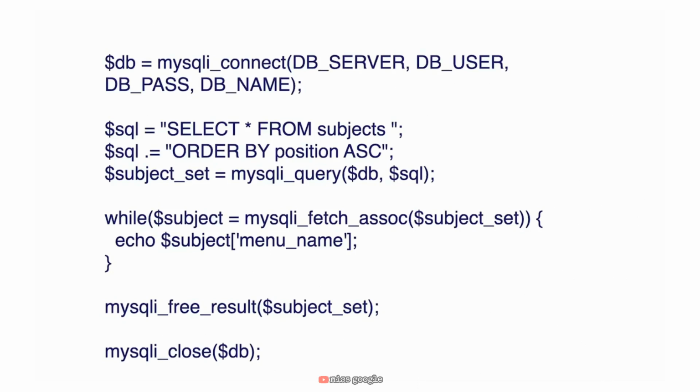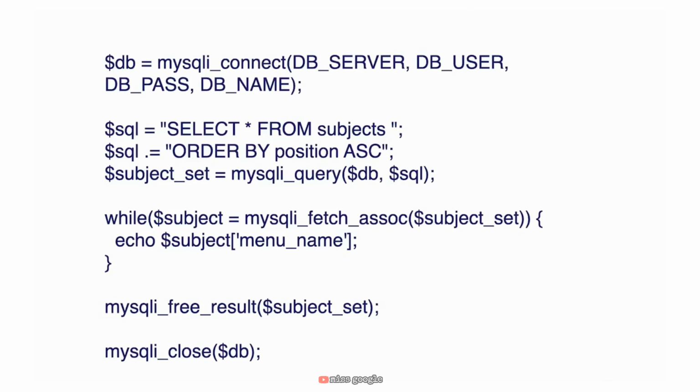Now this is a MySQL set of results. In order to extract results from that set, I have to use MySQL fetch assoc. And what that does is it returns an associative array that I can work with for each one. You'll remember that we used a while loop as a very clever way to pull each of those records out of the subject set until they go away.